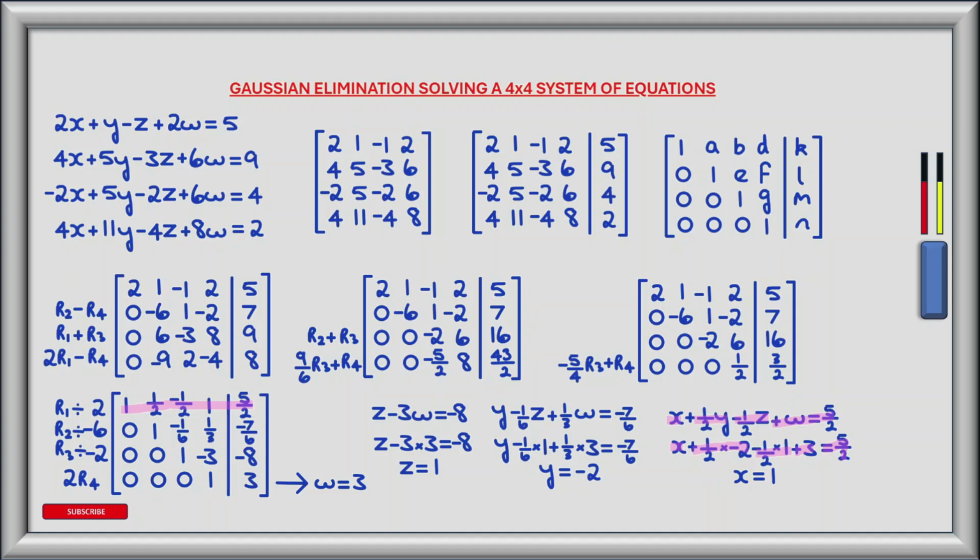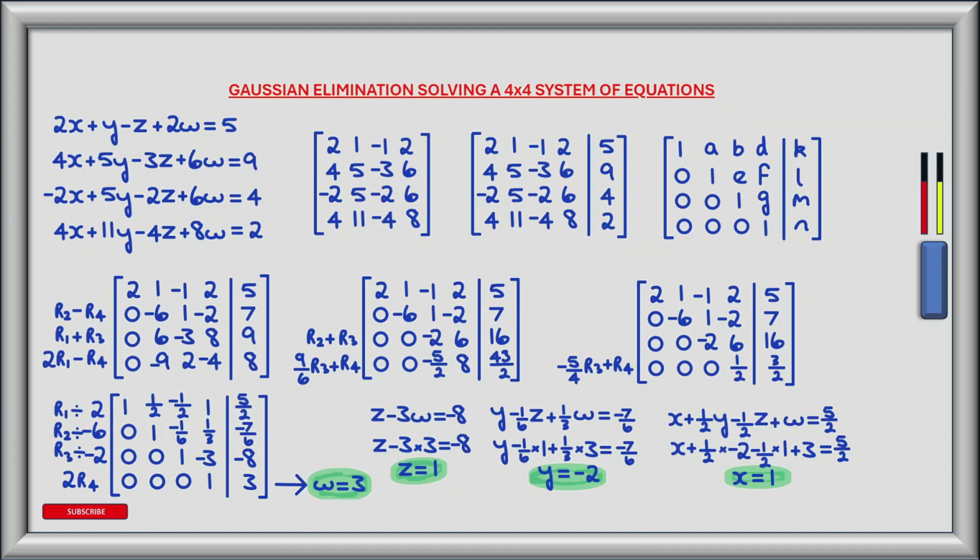And this resolves to x equals 1. So we now have a solution to our system of 4x4 linear equations. We have w equals 3, z equals 1, y equals minus 2, and x equals 1.